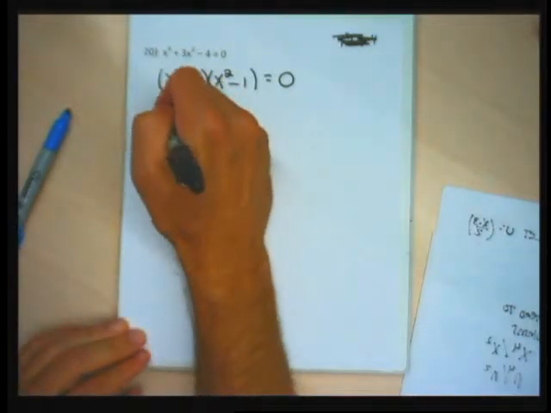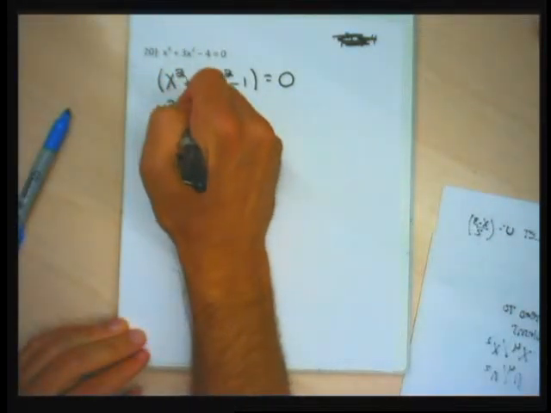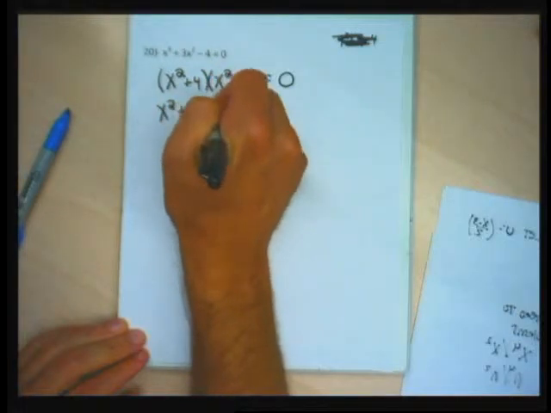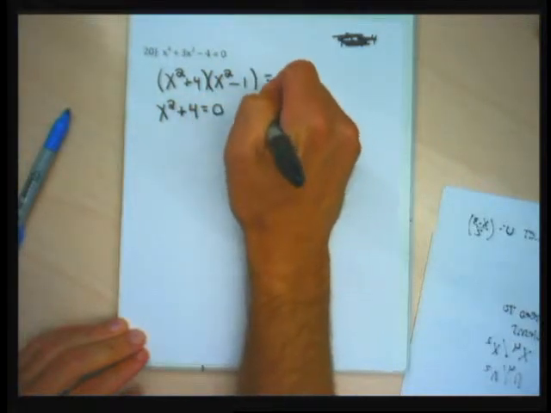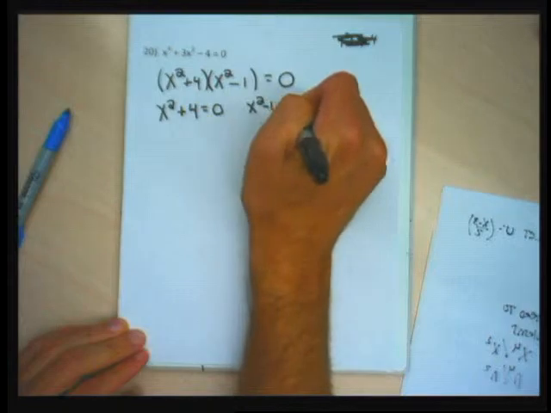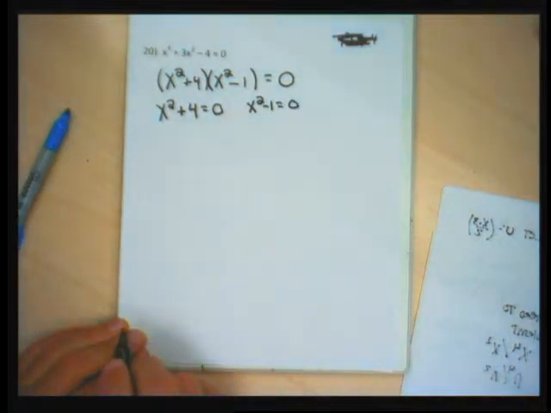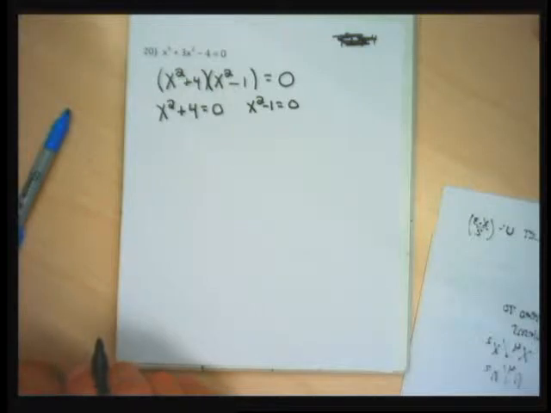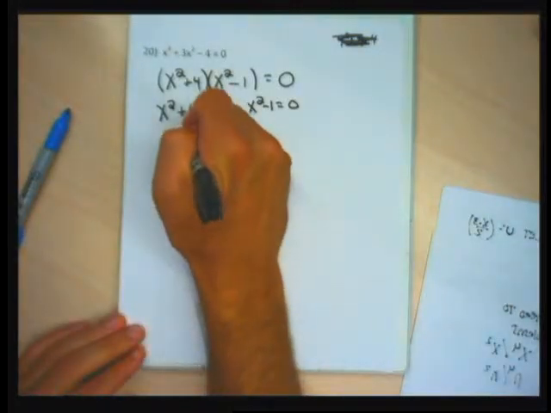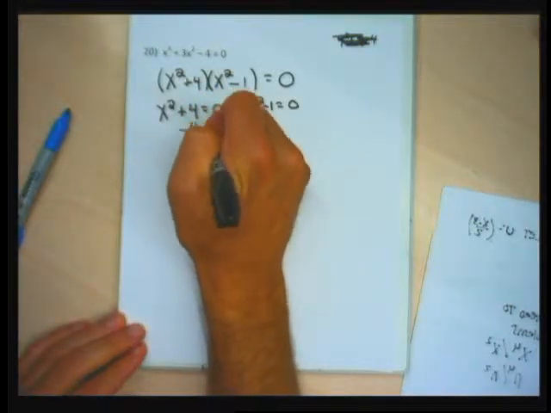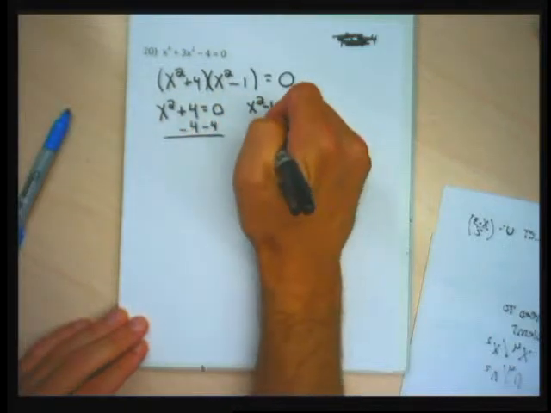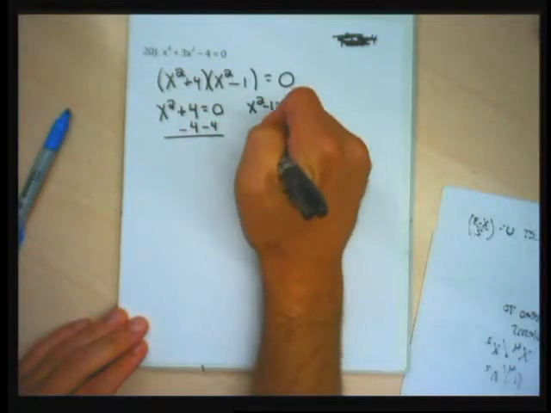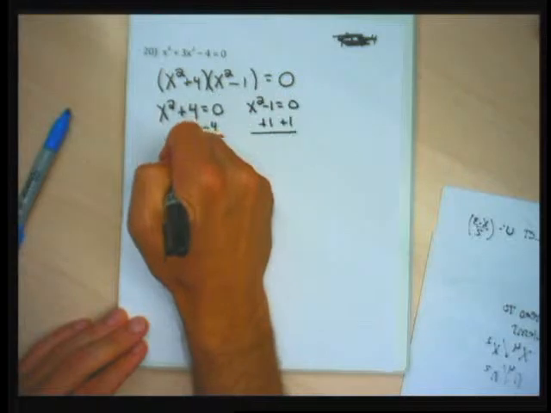So now that I have the problem factored and set equal to 0, I'm going to split my factors up, set each one equal to 0, and now this looks like something that could have been in section 4.1. I'm going to solve with square roots by isolating the squared term and then taking plus or minus the square root.